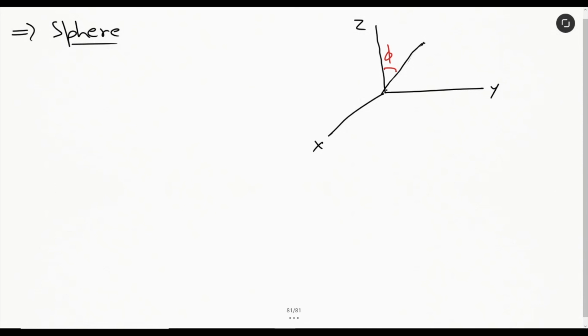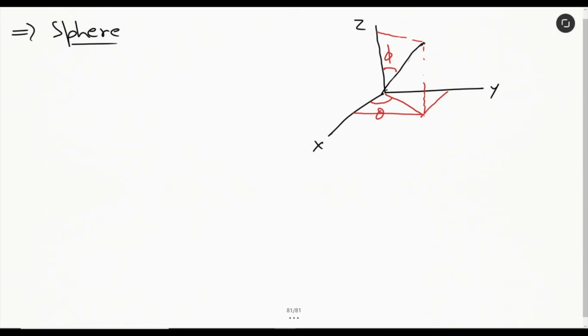The projection of this on the xy plane is making theta angle with the x axis, right? This angle phi is with the z axis. So you can extend this, and this also. You're getting it?